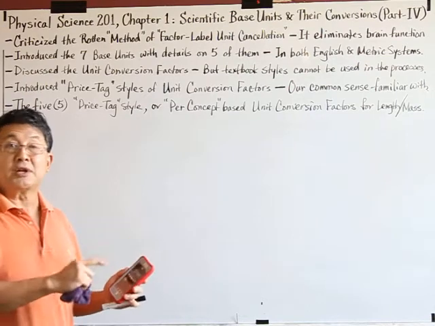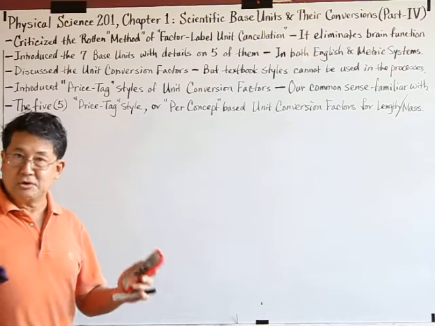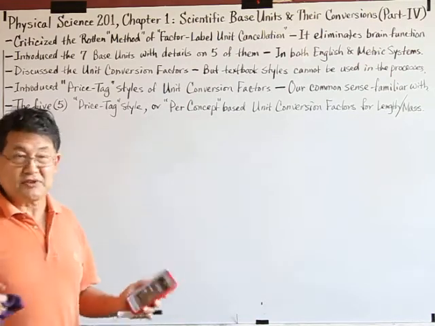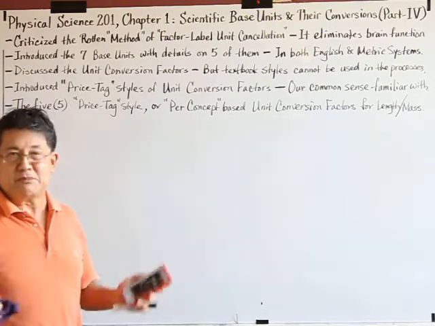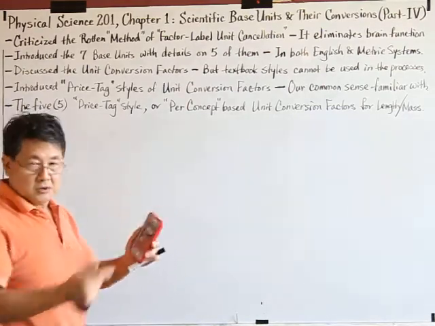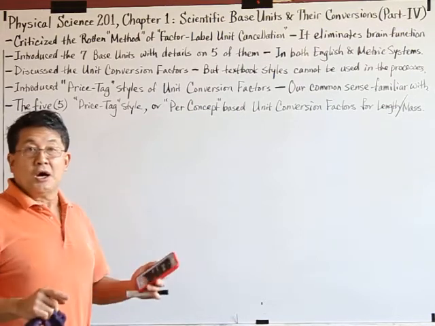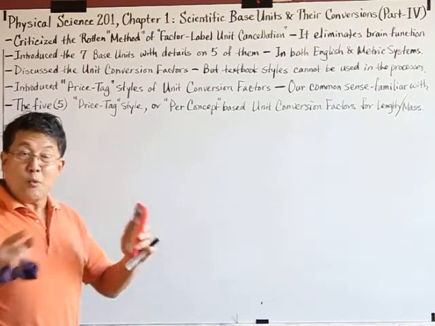They thought it was correct, but sometimes, as I observed, most of the times, not even multiple steps of conversion, but 2 or 3 steps of conversion, they already start to make mistakes. They plug in wrong, and they didn't pay attention to cancellation of unwanted units and keeping the wanted units.